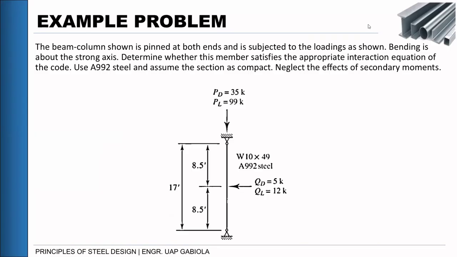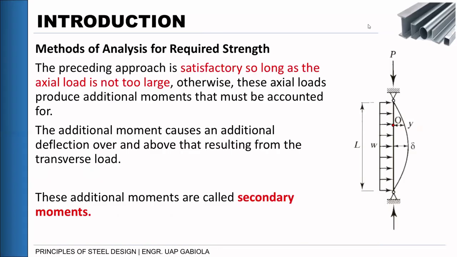Today we will be focusing on methods of analysis for the required strength. Again, for our equation, the required strength is the numerator: required strength over our capacity, the allowable strength, should be less than or equal to unity.